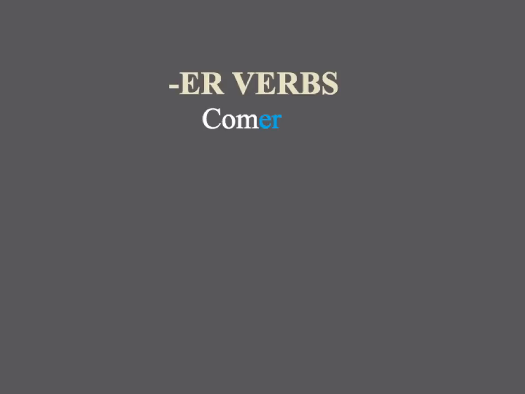So let's move on to the ER verbs. These don't really require much more of an explanation. You just have to know that they have different endings. You put different endings on ER verbs and IR verbs as well. So let's take a look at them.